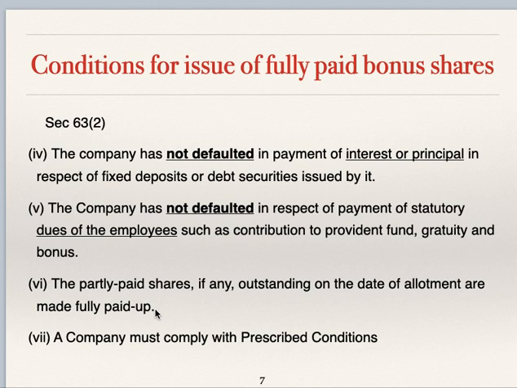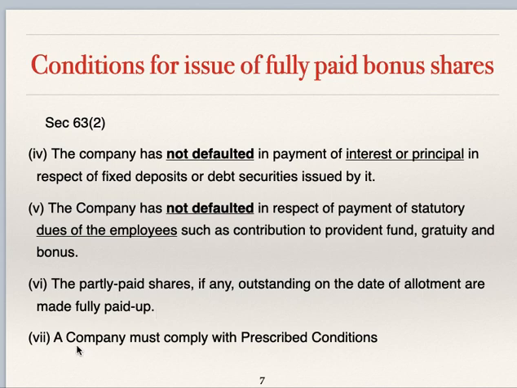That is, it will make final call. So you have to show journal entry of final call due, final call received, and then after that company will issue fully paid bonus shares. So this is the important condition for issuing fully paid bonus shares to members. Existing shares need to be fully paid for getting fully paid bonus share.